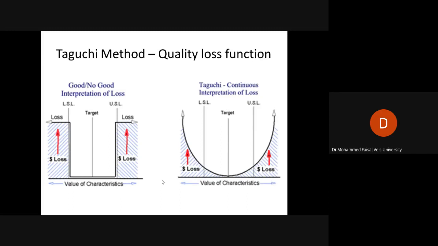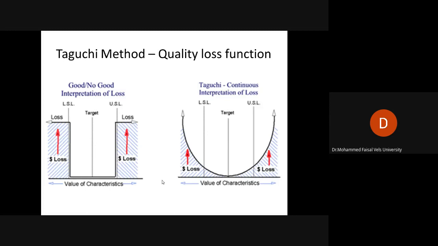We talk about the quality loss function in terms of statistics. Keep in mind what we always do in statistics: we try to find the variation. Variation is very important.